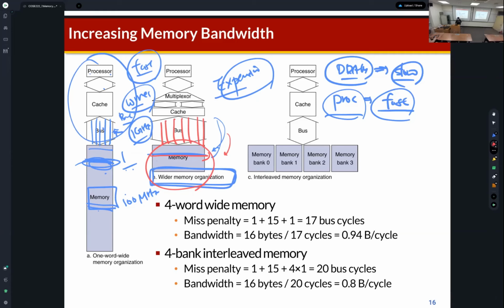External wires are very, very expensive. So in order to increase the performance, we can use wider memory, but wider memory is expensive. Then what is the possible solution?